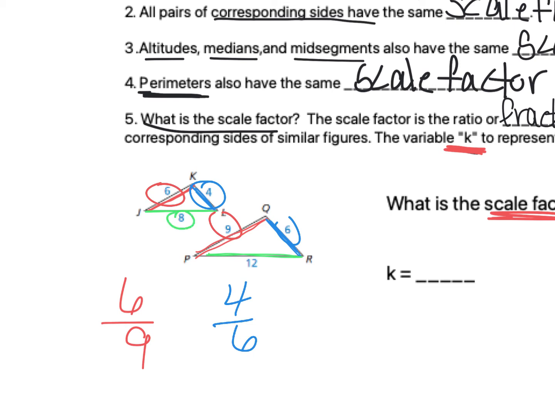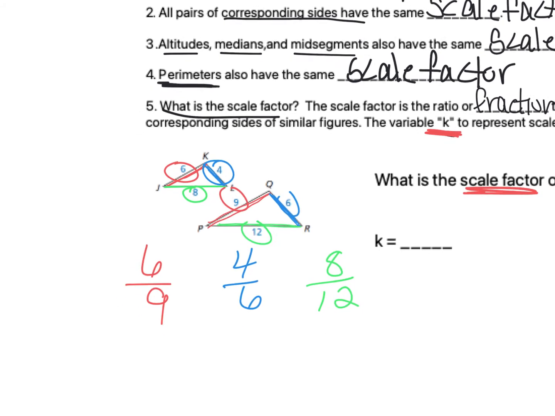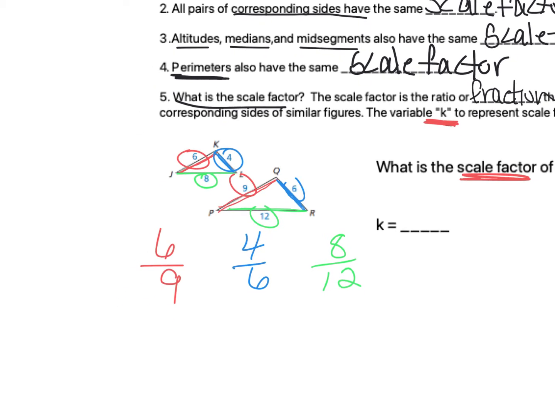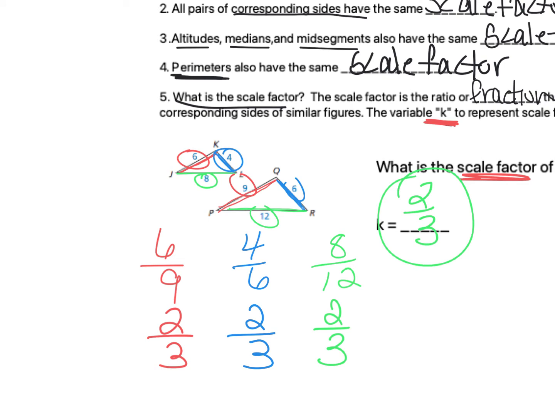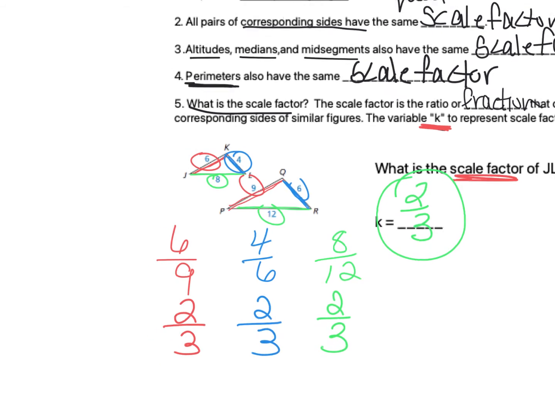And if we chose these greens, we would have 8 over 12. But what you need to realize is that as you simplify these fractions, 6/9 simplifies to 2/3. 4/6 simplifies to 2/3. 8/12 simplifies to 2/3. So our scale factor is that simplified fraction, that same ratio for all sides, comparing from one to the other.